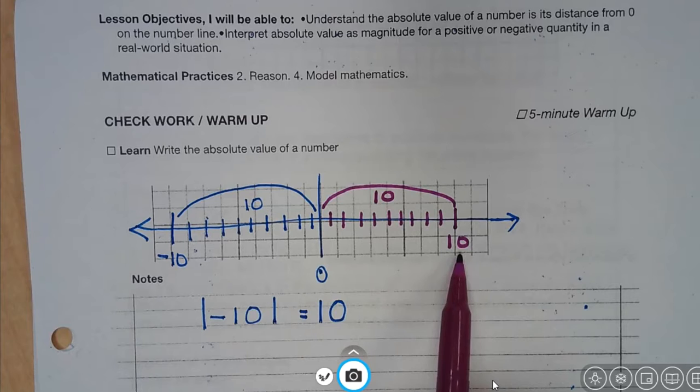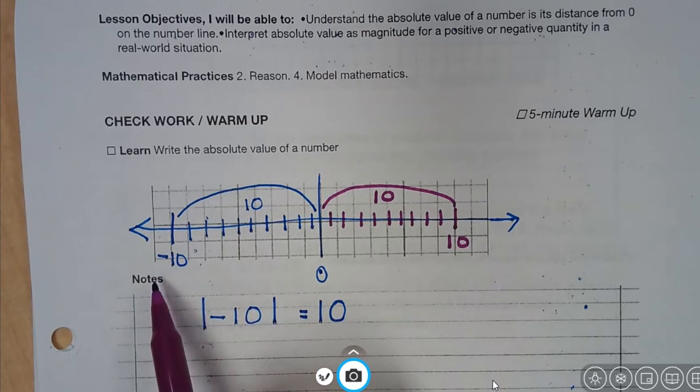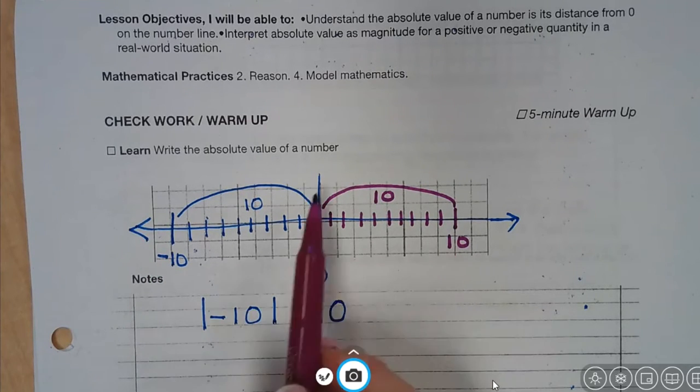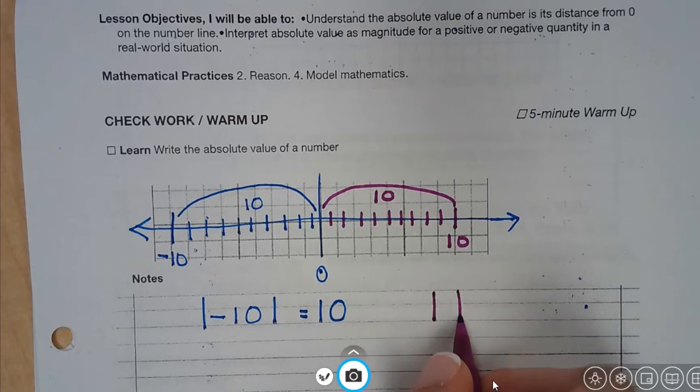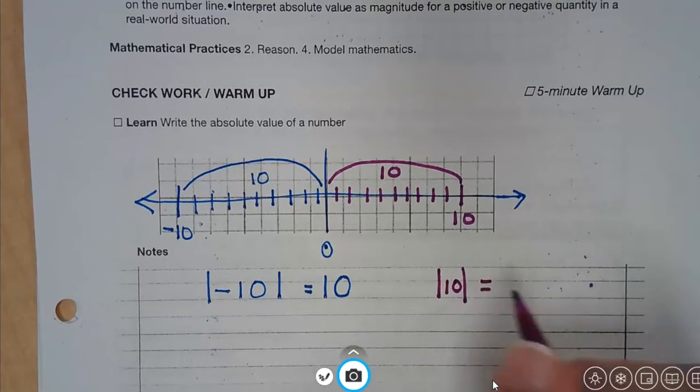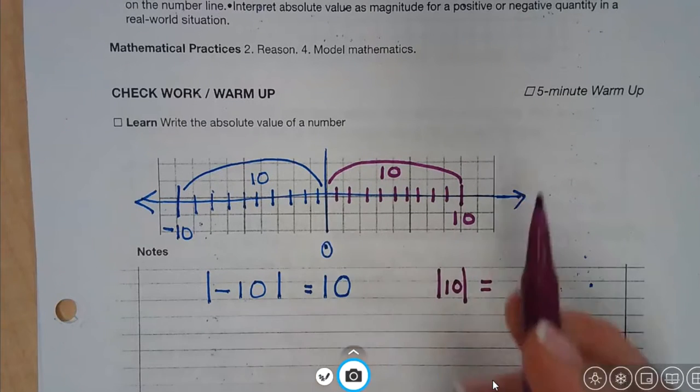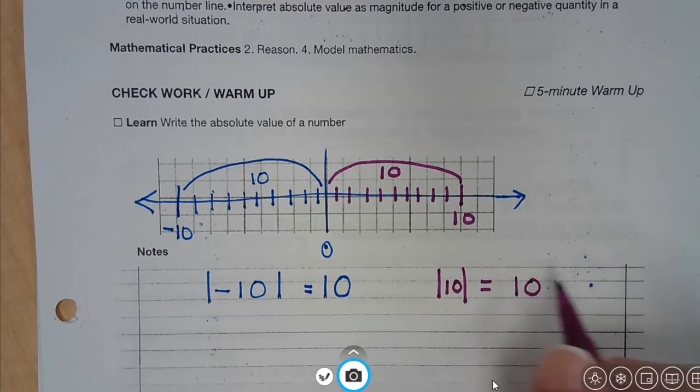Remember that every positive number has an opposite negative number. So the opposite is the same distance from 0 on the number line. So I would write this one as the absolute value of 10 is equal to, it's going to be the distance to 0, so it's equal to 10.